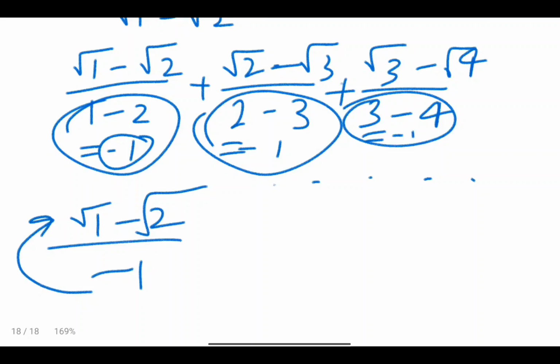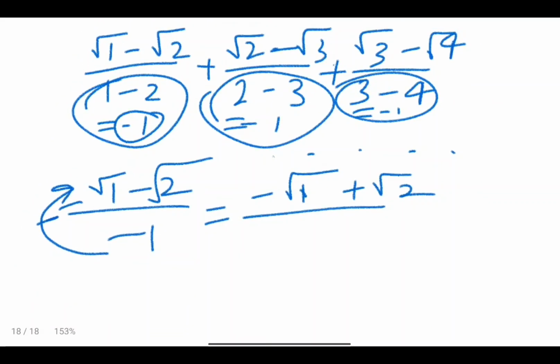Because this minus 1 will come in front and then it will go here, and when that happens it becomes minus this plus this. So the resulting thing will be like this.